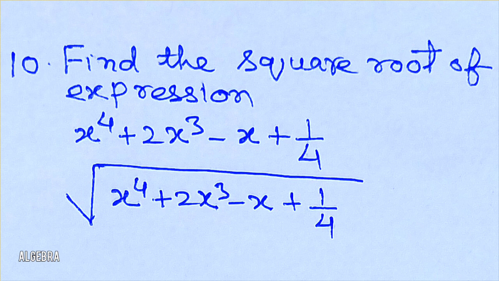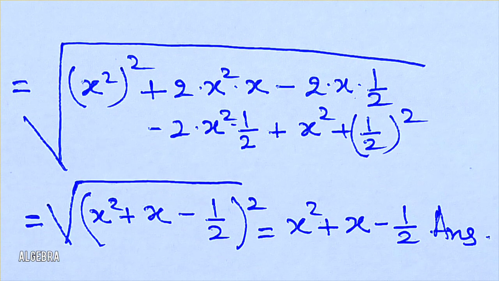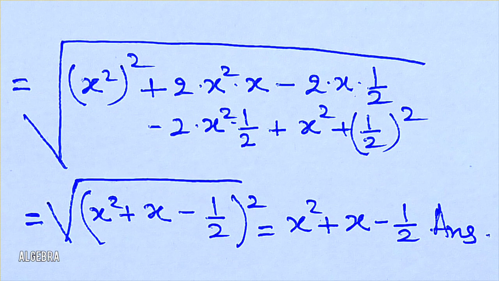Square root of x^4 + 2x^3 - x + 1/4 is equal to the square root of (x^2)^2 + 2 into x^2 into x - 2 into x into 1/2 - 2 into x^2 into 1/2 + x^2 + (1/2)^2, which is equal to the square root of (x^2 + x - 1/2)^2, which is equal to x^2 + x - 1/2.